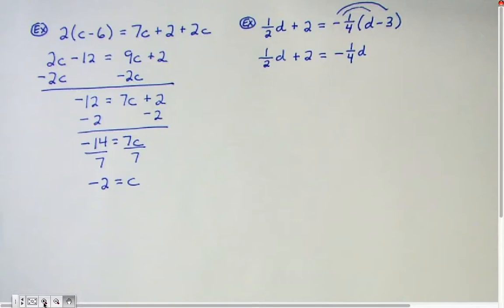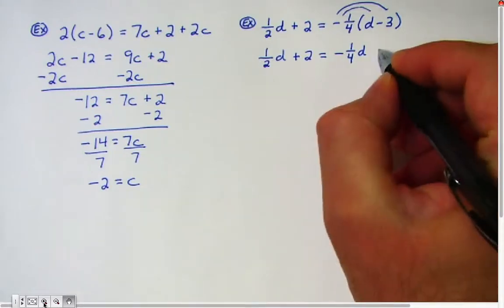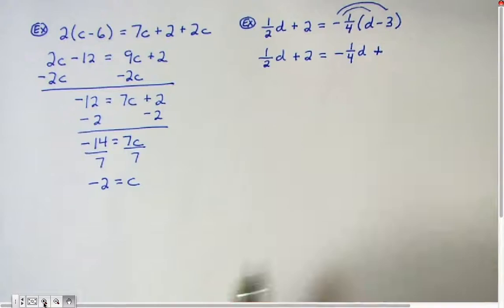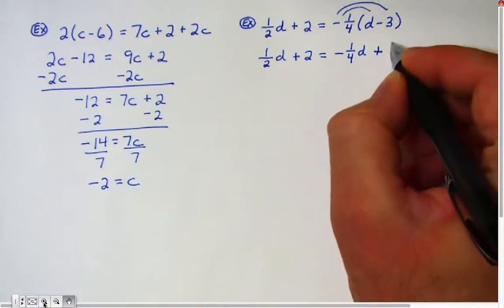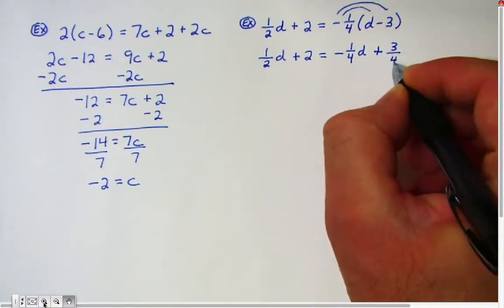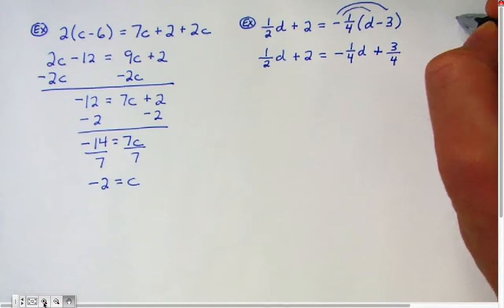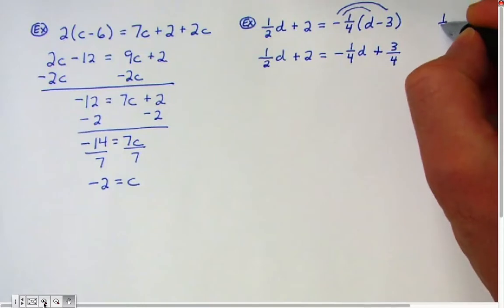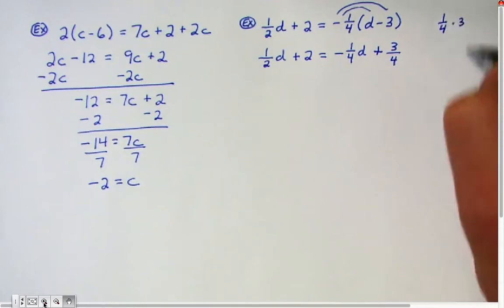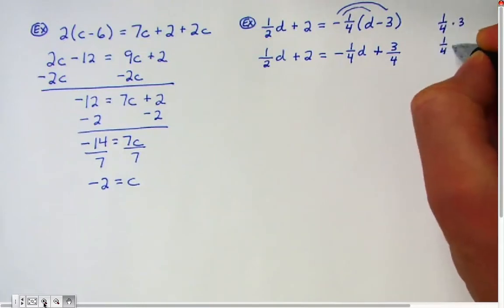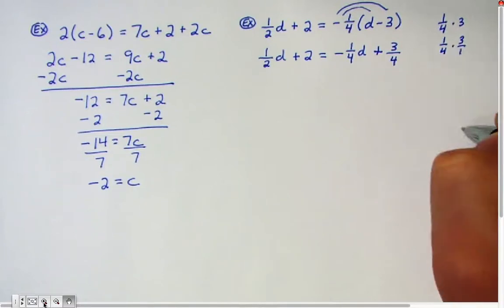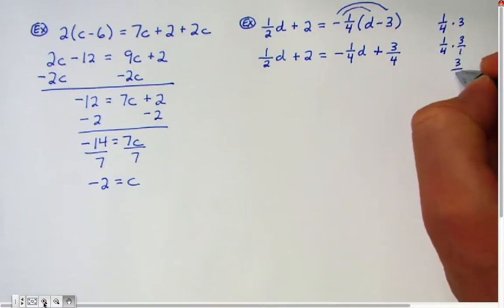Next, negative 1/4 times negative 3 is positive 3/4. The reason for that, I'll just write over here on the side, 1/4 times 3 is like saying 1/4 times 3 over 1, which is, of course, 3/4.